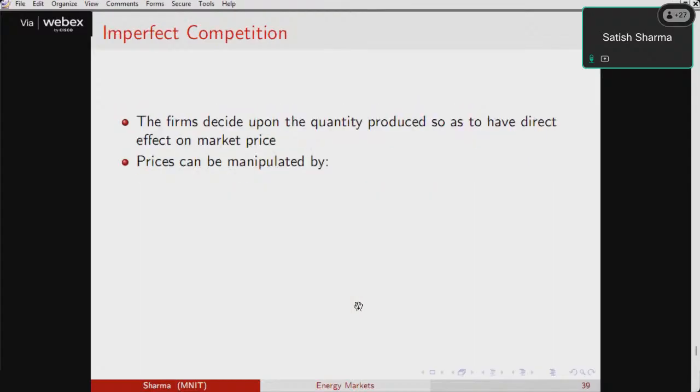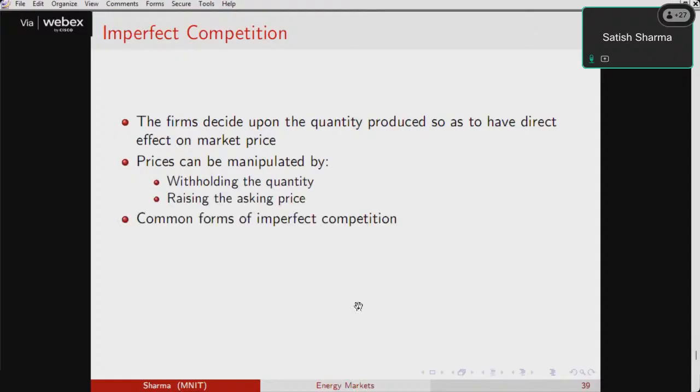Now what is imperfect competition? In imperfect competition, firms decide upon the quantity produced so as to have a direct effect on the market price. Obviously the quantities are produced by the firms, and if they can manipulate that quantity, they can have an effect on the market price.